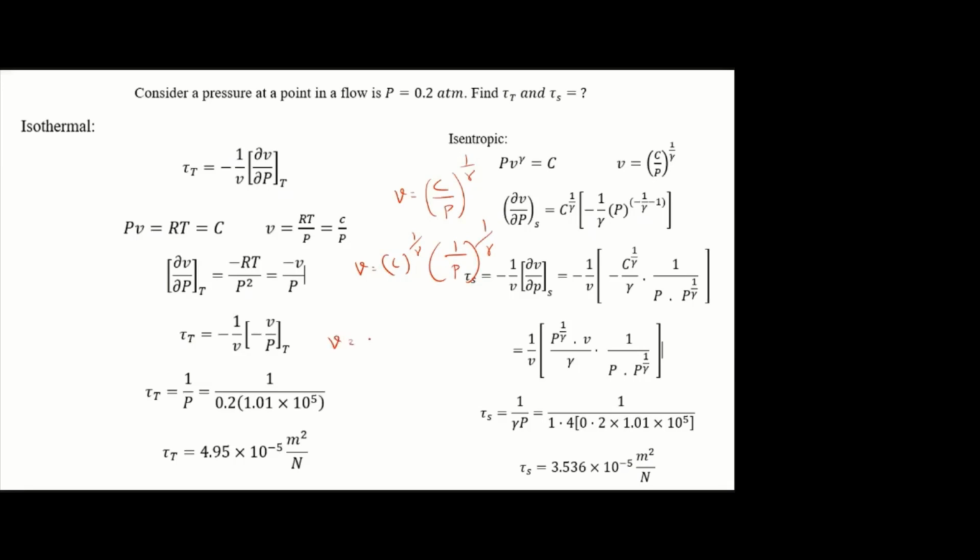This term 1 by P power 1 by gamma, I can write as 1 divided by P power 1 by gamma, and if you take this to the numerator it will be P power minus 1 by gamma. That's what I have written here. Is that clear?